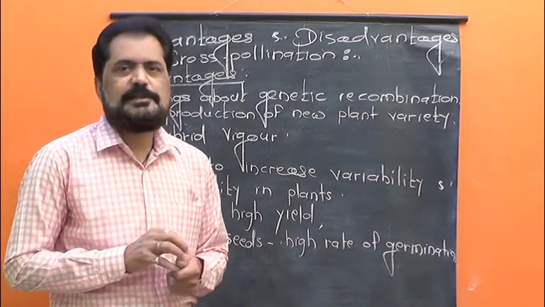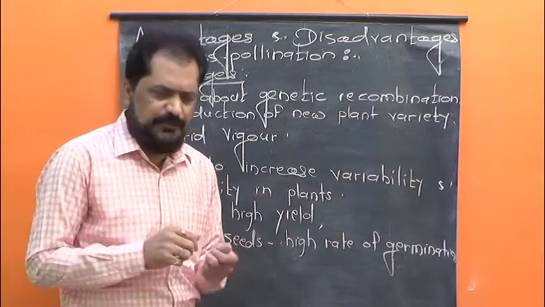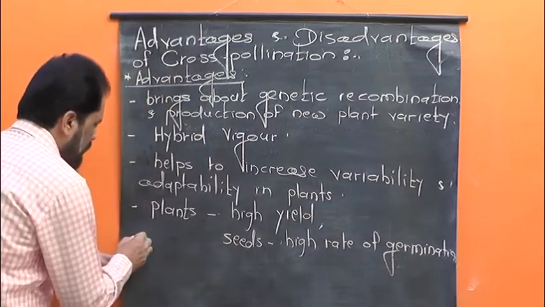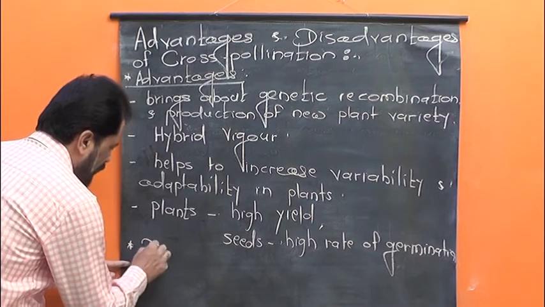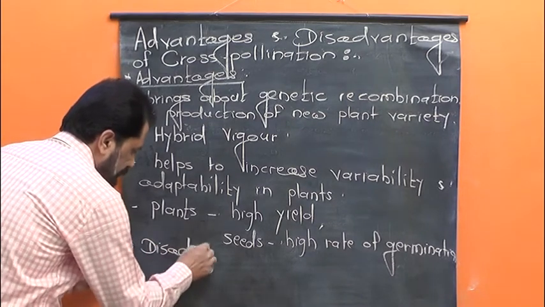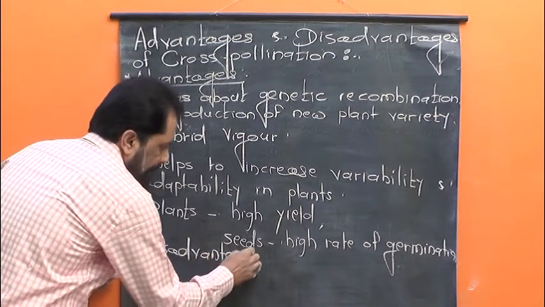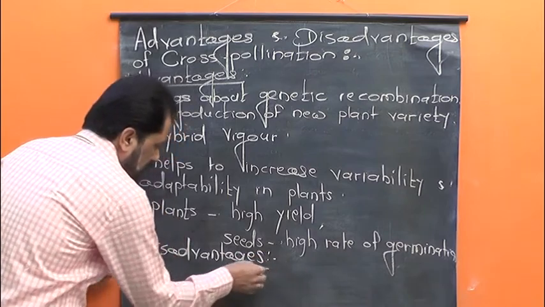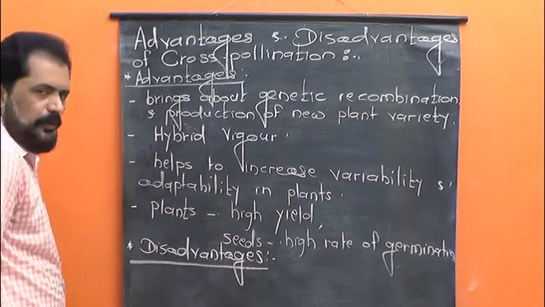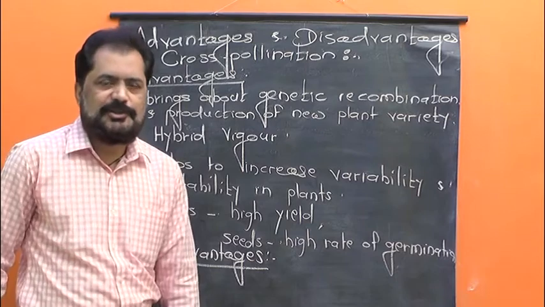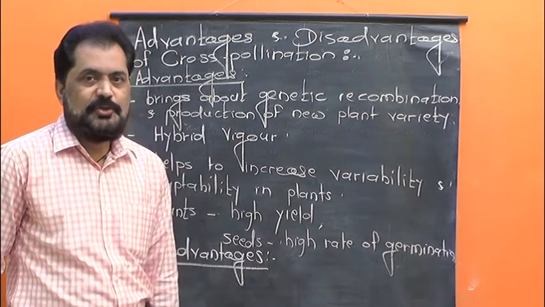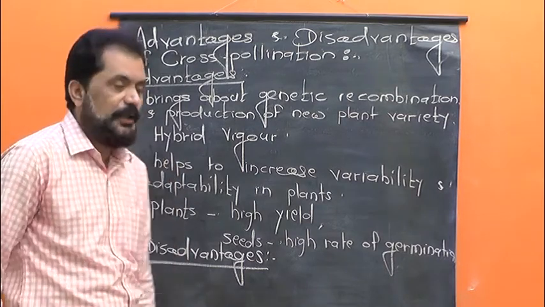But simultaneously there are certain disadvantages. Let us talk about a few disadvantages of cross pollination. First of all, cross pollination is not a sure method of pollination.